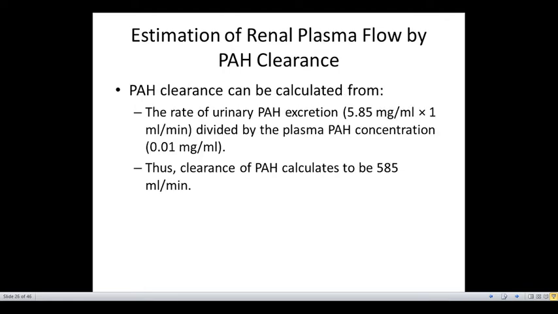Now, PAH clearance can be calculated from the rate of urinary PAH excretion divided by the plasma PAH concentration. This calculates to be 585 milliliters per minute.